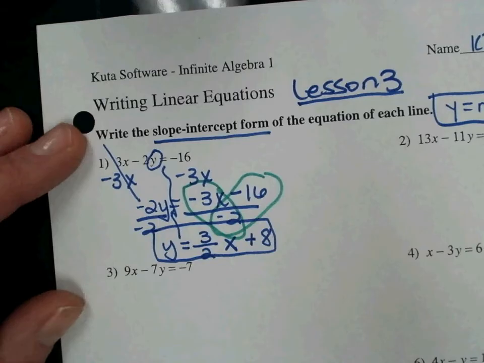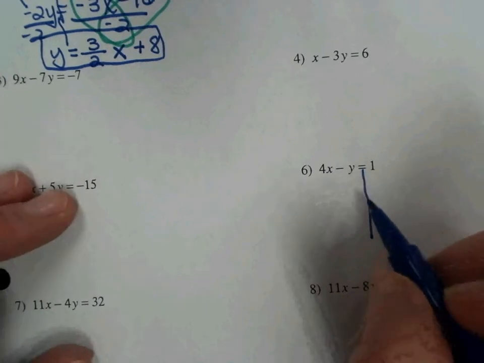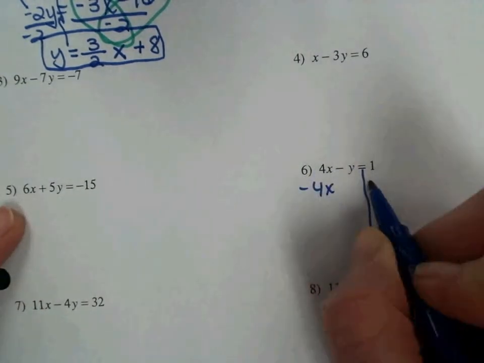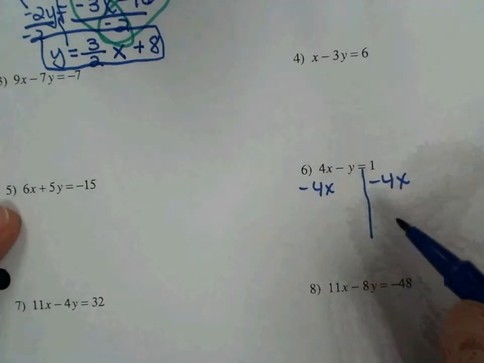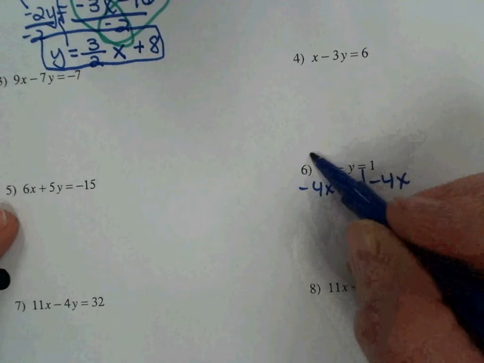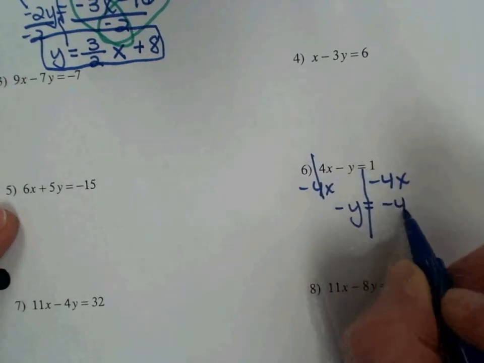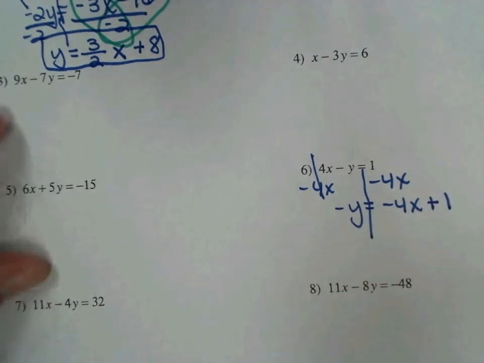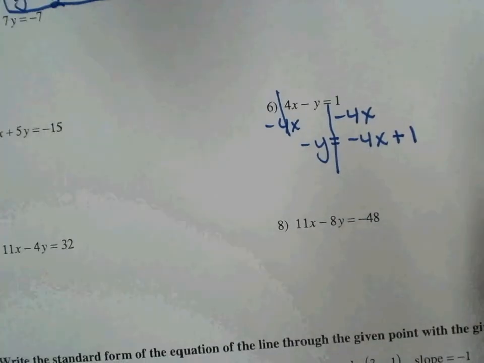Somebody asked a question on number 6. Number 6 is going to end up with that negative y. So the question was how to deal with that, so I'm going to go over that. That'll be one of your problems to do for homework. So once you end up at this stage, the question was, what do you do next?